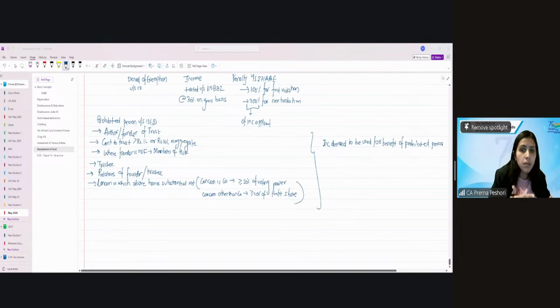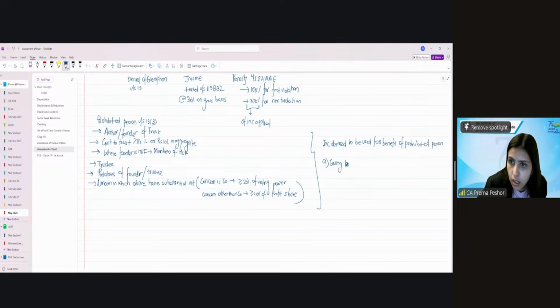If the income is used to give a loan to this prohibited person without either taking adequate security against that loan or without charging interest. So giving interest-free loans or loans without adequate security. Right?